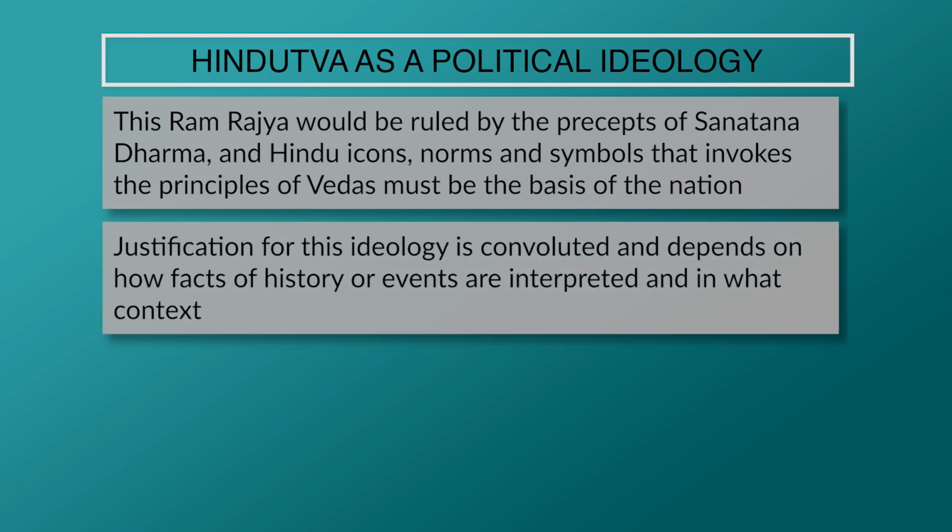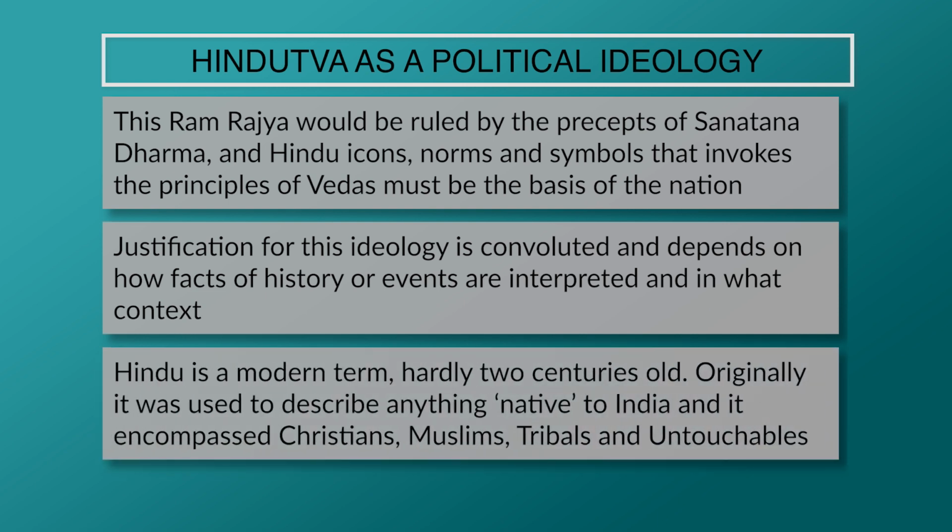The justification for this ideology is convoluted and depends on how facts of history or events are interpreted and in what context. Hindu is a modern term, hardly two centuries old. Originally, it was used to describe anything native to India, and it encompassed Christians, Muslims, tribals and untouchables.